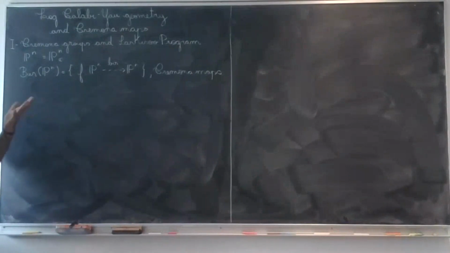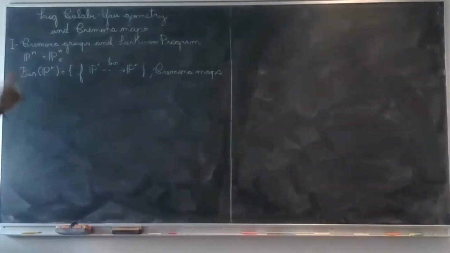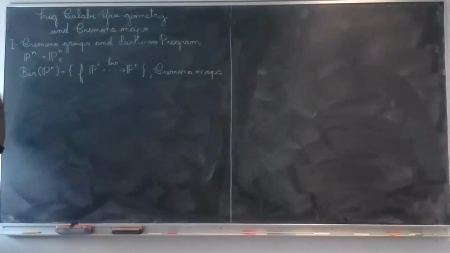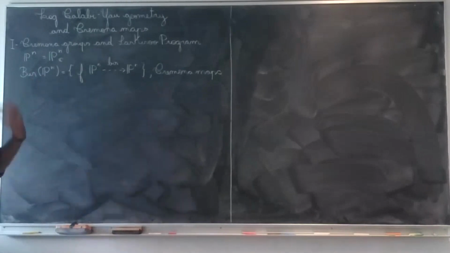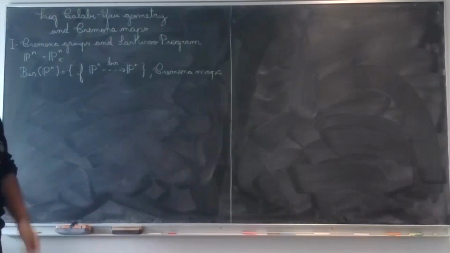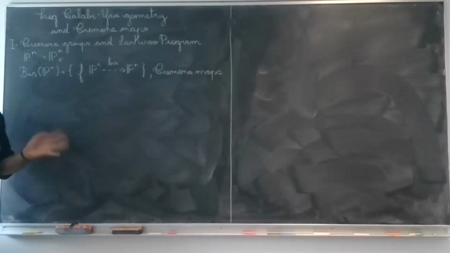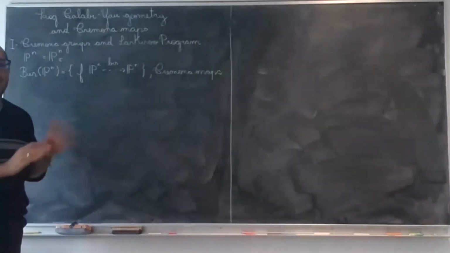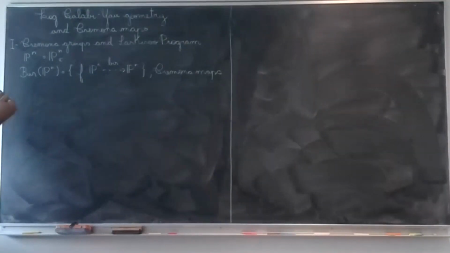For n equal to 2, we have the famous Noether-Castelnuovo theorem, which says that the Cremona group of the projective plane is generated by the automorphisms of P^2 together with the standard quadratic transformation. But for bigger n, we don't have a reasonable description of this group in terms of a nice set of generators.